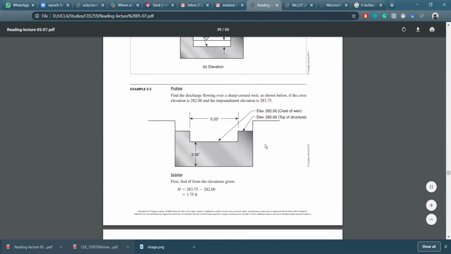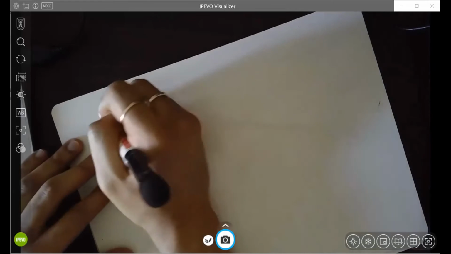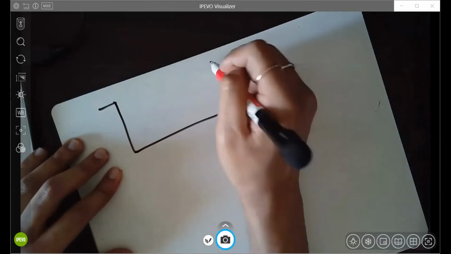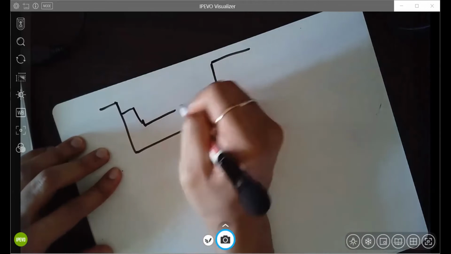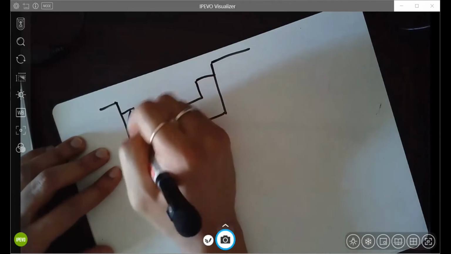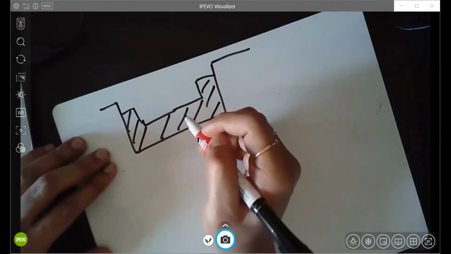Let me try solving it. First, I'll make the diagram. So what did it say?